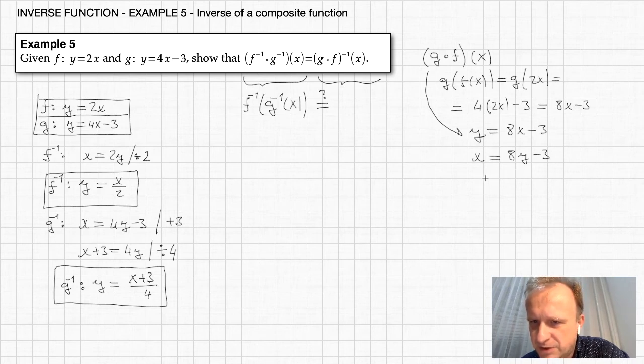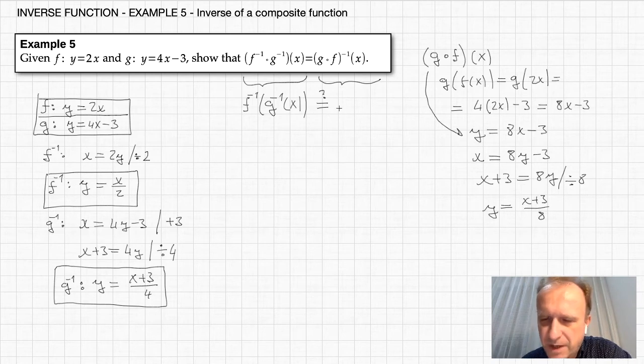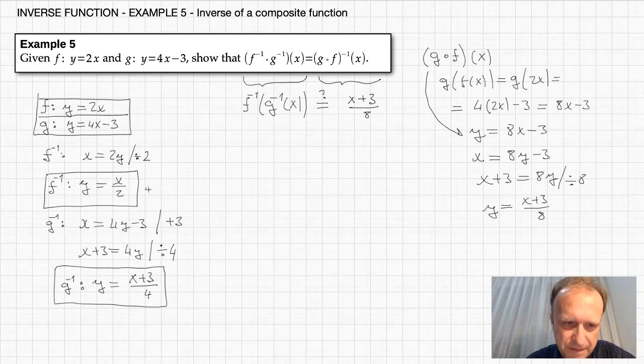So this is actually x plus 3 equals 8y, and now divide by 8 to get y equals x plus 3 over 8. So here on the right-hand side, I should have the function x plus 3 over 8.